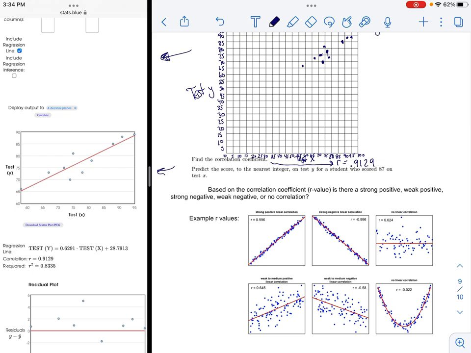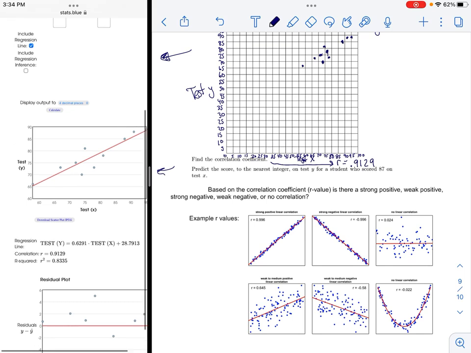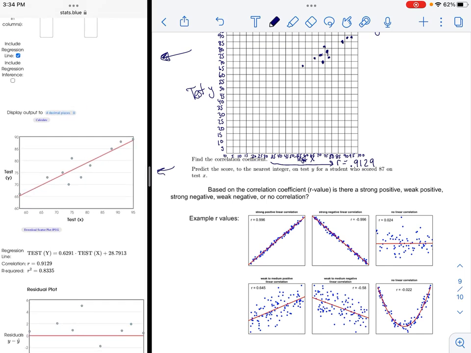So based on the correlation coefficient, is there a strong positive, strong negative, or weak negative, or no correlation here? So if you just look at the graph, it has a positive slope. So it looks like it has a positive correlation. The question is, is it strong or is it weak?